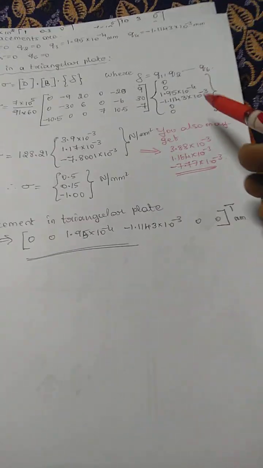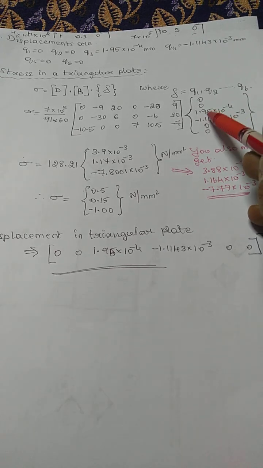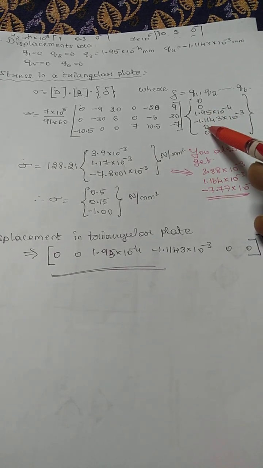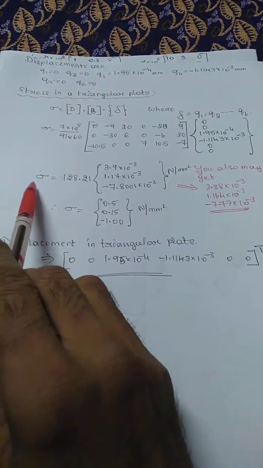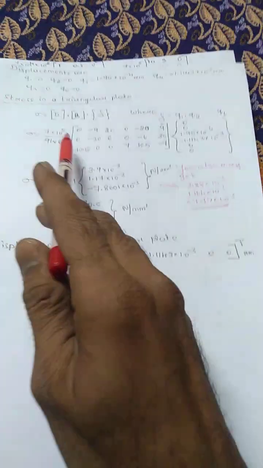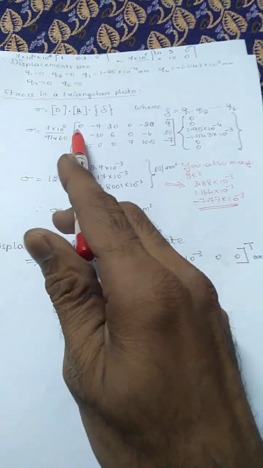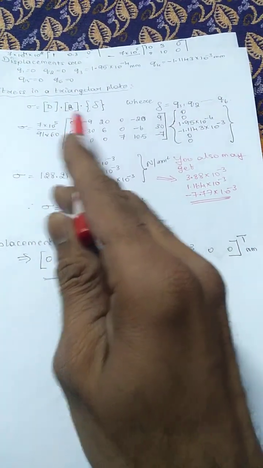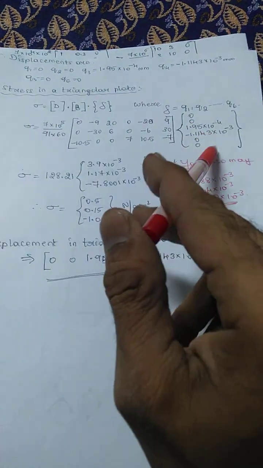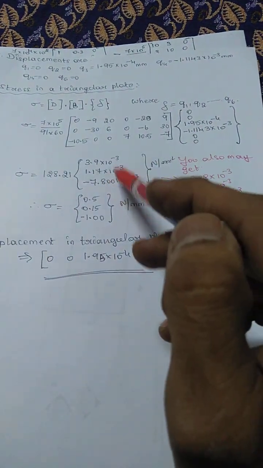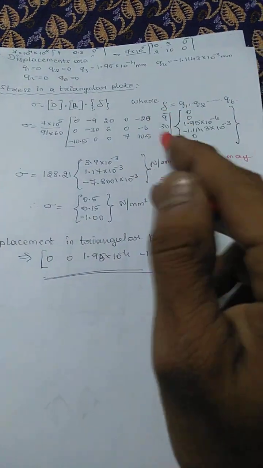So now into displacement, q1 q2 they are 0, this is q3 q4, q5 q6 are as well 0. So we'll solve this. Sigma is equal to this one 128.21 into, same method as you calculated by multiplying dB, you have to multiply this way, you'll get this value.